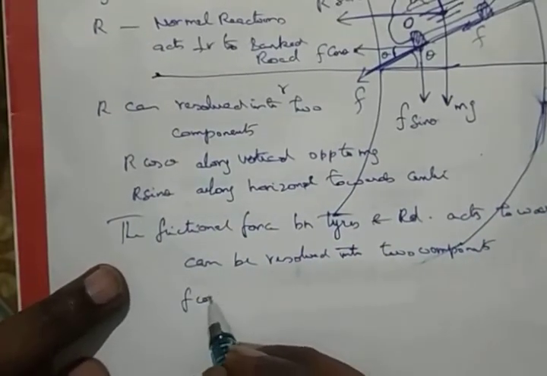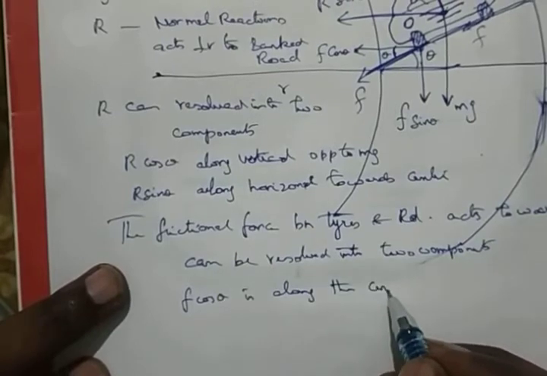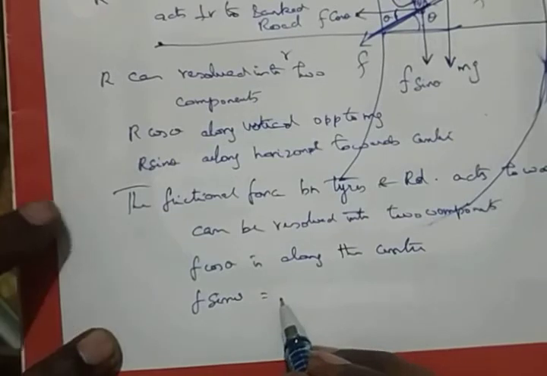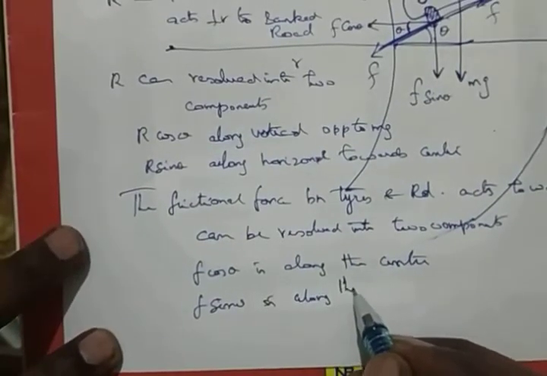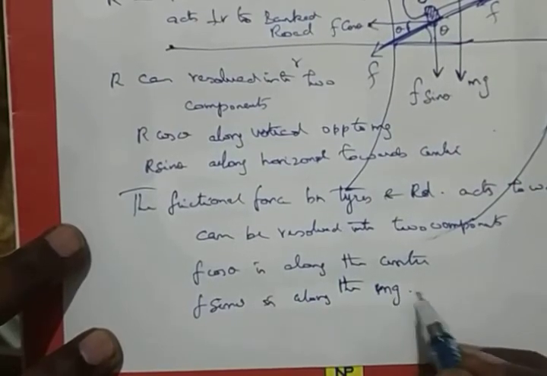F cos theta is along the center, and F sin theta is along the weight mg.